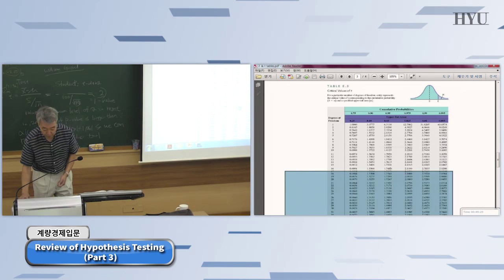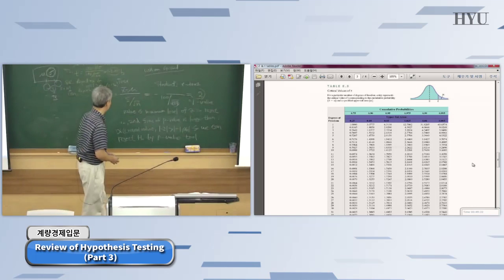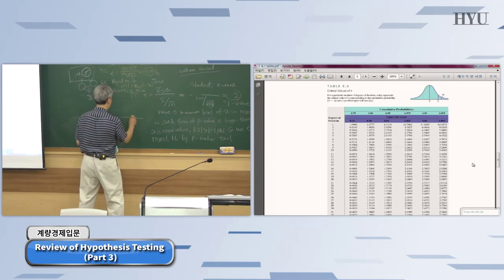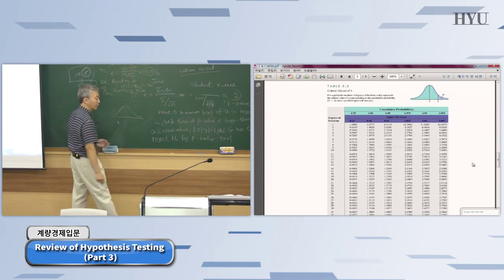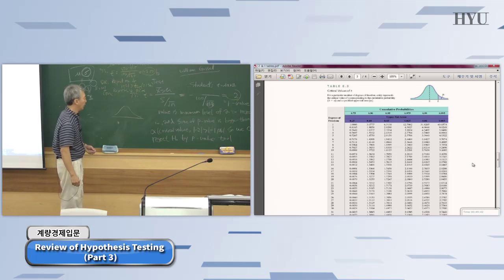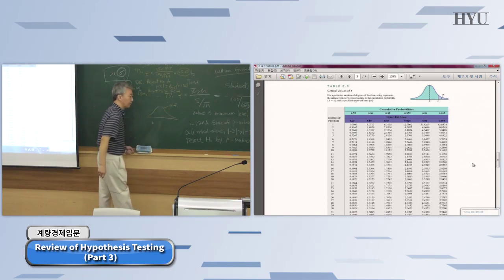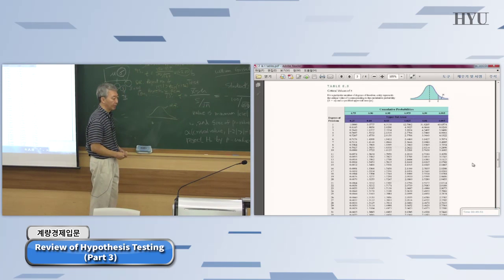So how come we have so many different numbers here? Because the shape of the t distribution, I erased it, I guess, I told you the t distribution is a little bit wider than the normal distribution. But the exact shape of the t distribution depends on degrees of freedom.